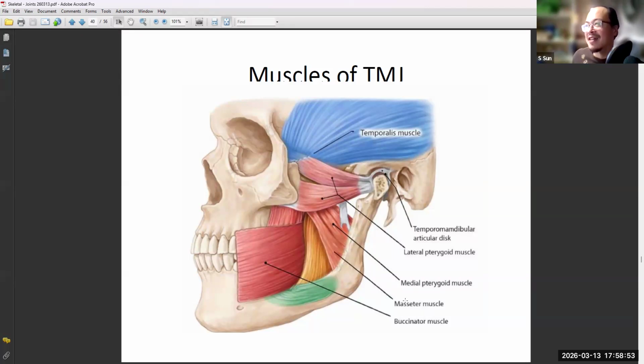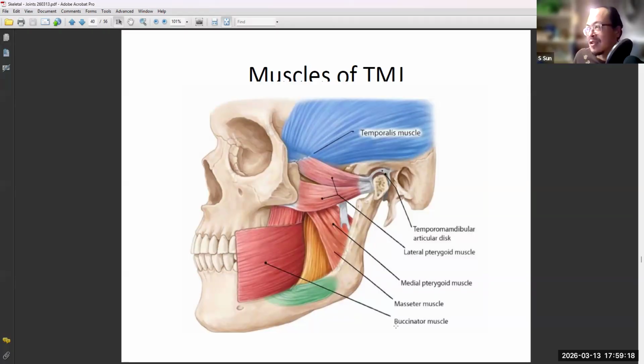The only muscle that's not working on closing for the TMJ is this one, lateral pterygoid. This one pulls it. When you pull it, you allow your jaw to open. This muscle is not. This one is also a facial muscle, but it's not associated with the TMJ.